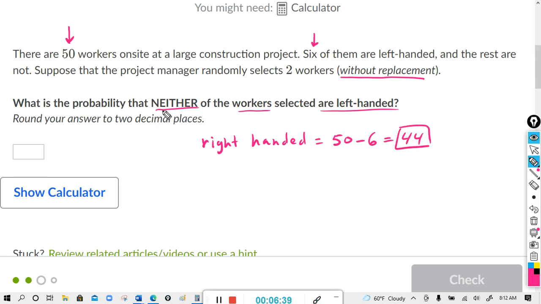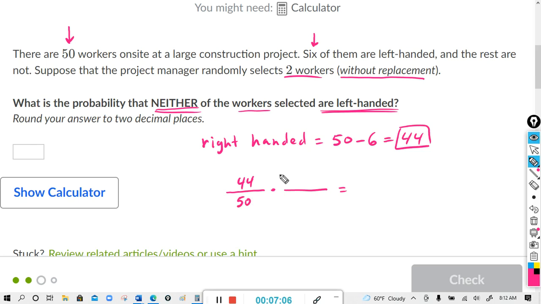And after two selections, we want neither of them to be left-handed. So the first selection and the second selection. For the first selection, it's going to be 44 out of 50. Okay?